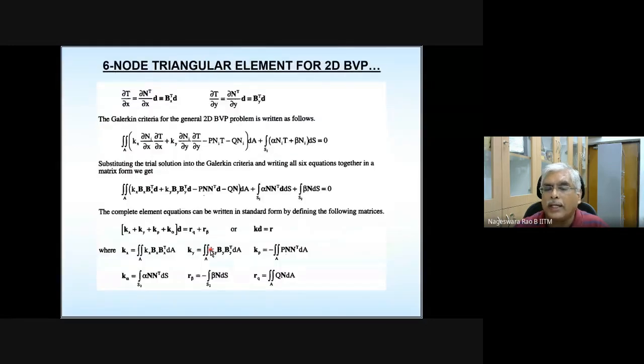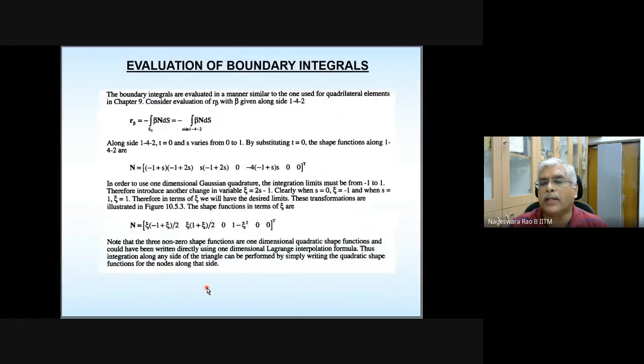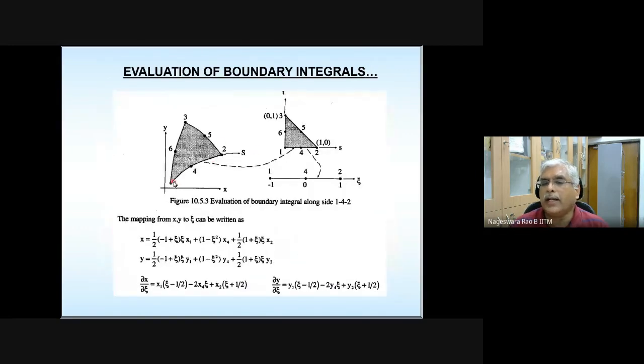And what about line integral, these kind of things? Line integral, there is not much difference. Line integral depends on how many nodes are there on that particular side, on that particular edge. Line integration is going to be similar to that of quadrilateral element. So that line integration example is also given here. You can go through that. For a quadrilateral element, you are going to integrate along each of the 4 edges.